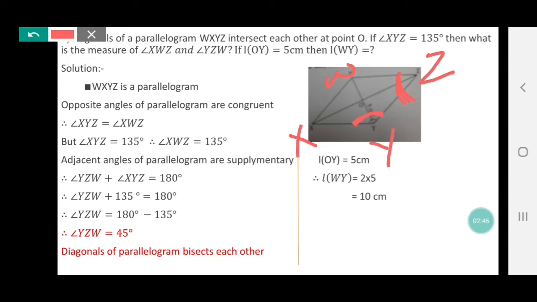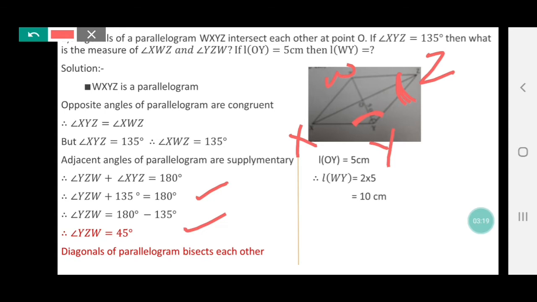Their sum is supplementary, means it is equal to 180 degrees. So angle YZW plus angle XYZ equals 180 degrees. Substituting the value, YZW plus 135 is equal to 180 degrees. So angle YZW is equal to 180 minus 135, that is equal to 45 degrees.